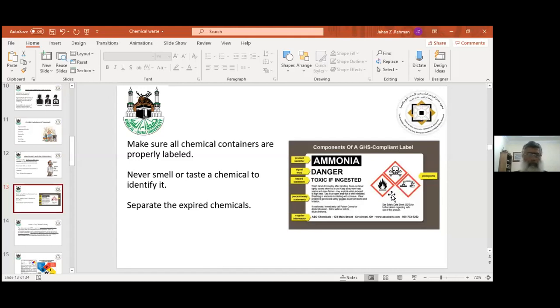So this tag on the container may explain everything to you in a few lines.